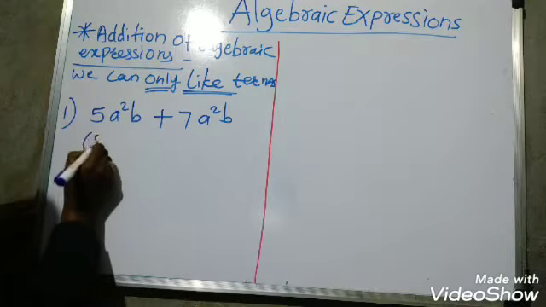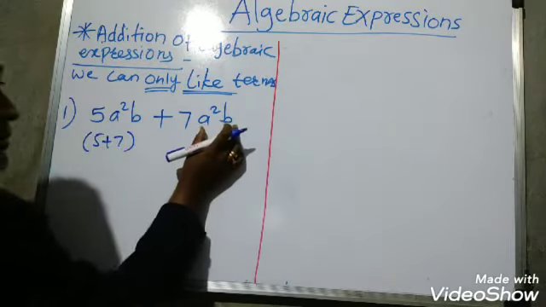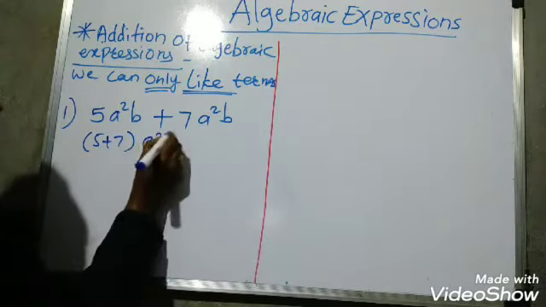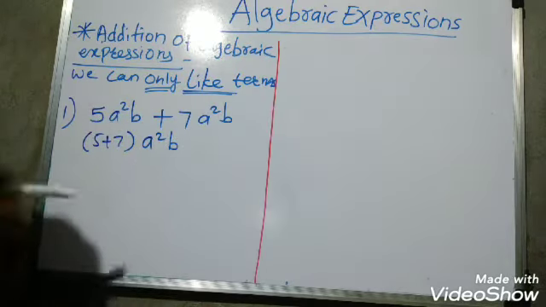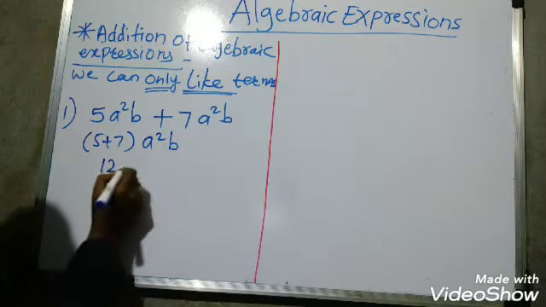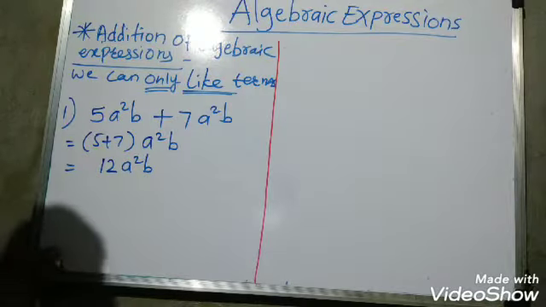Now 5 plus 7 we have to add, and a square b is common in both terms, so we write only one a square b. 5 plus 7 is 12, and the a square b we write as it is. Understand what I have done here?